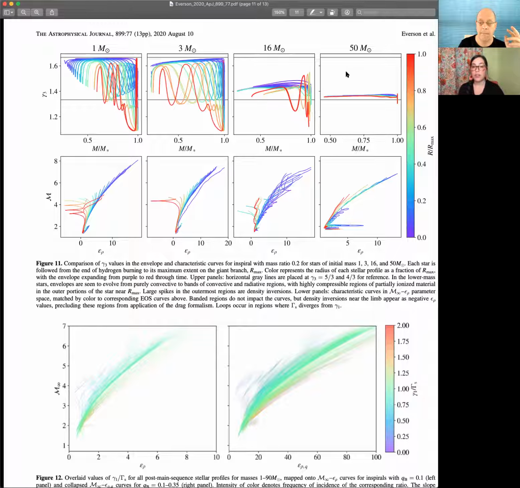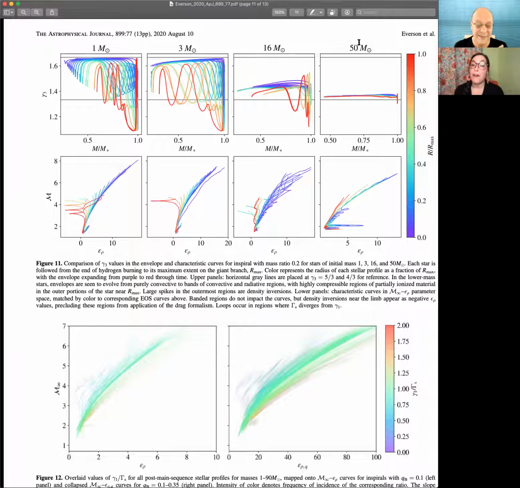And you can see that those characteristic curves have some interesting things going on also. So you don't get the same shifts between convective and radiative, but you do have gammas that don't really fall into the 4/3, 5/3 category. And it's when you get these intermediate gammas that you get these characteristic curves that have all these curlicues.